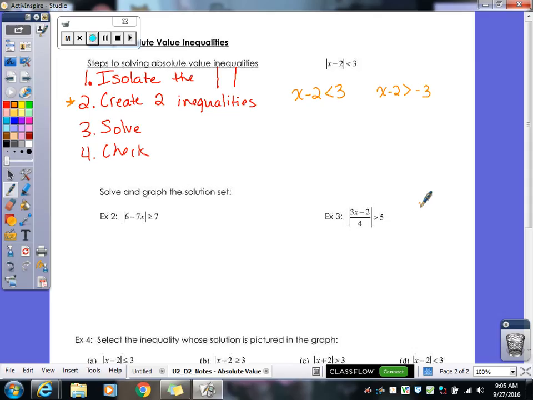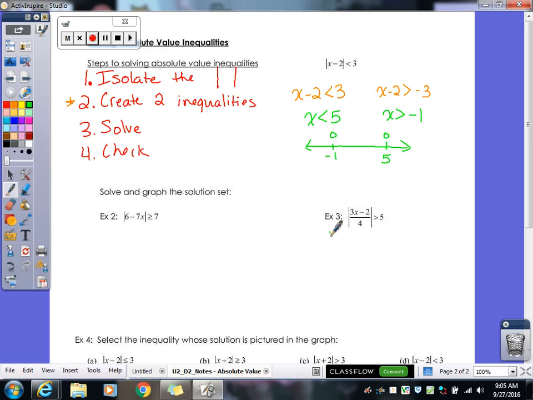So it follows the same rule. Your sign flips when you set it equal to the negative version of the answer. And then you just go ahead and you solve. So here we would have x is less than 5. When I add my 2 over, I get x is greater than negative 1. So if we were to take a look at this on the number line, here's my negative 1, here's my 5.